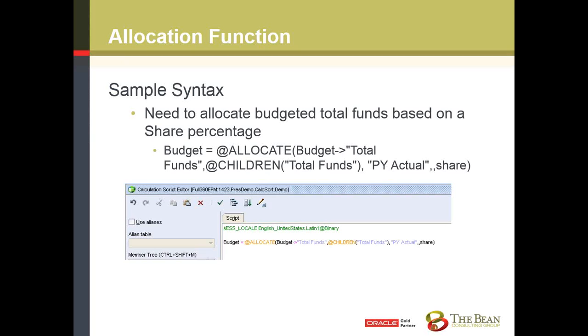So as an example here, we're going to calculate our budget by allocating our total budget funds across all of the children of total funds using a share basis of our prior actual year. So we're going to use a prior actual year's fund percentage as a percent of total to calculate our budget.